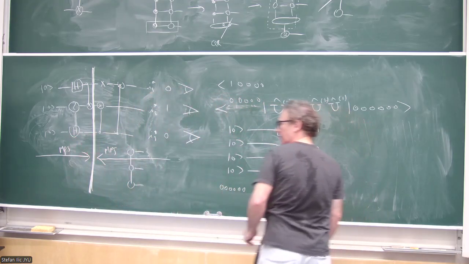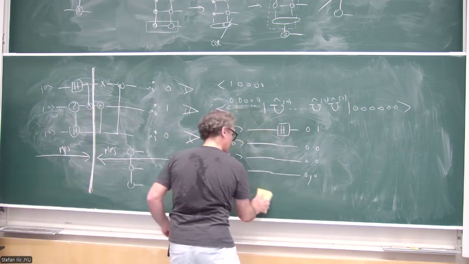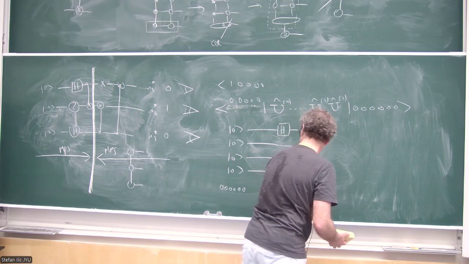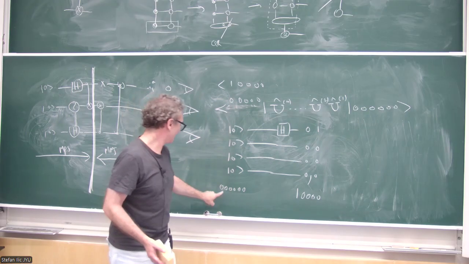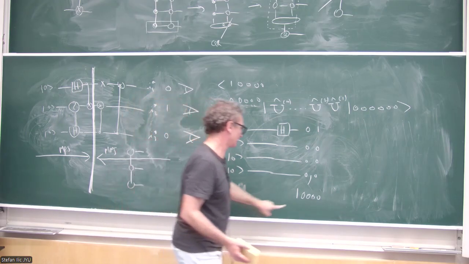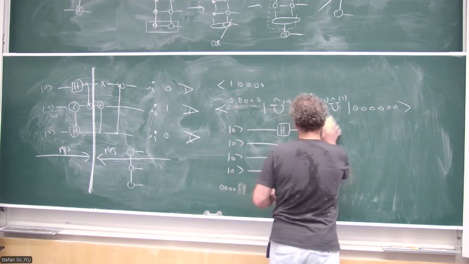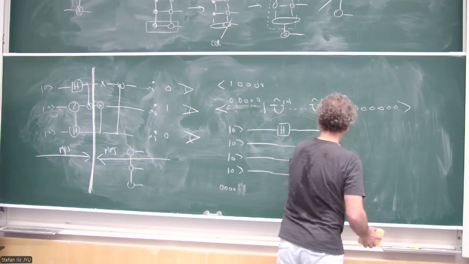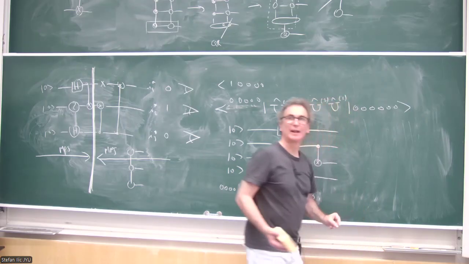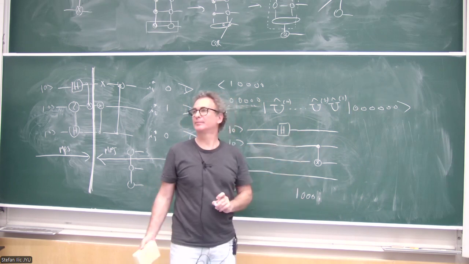Now I have a sample, which is 1, 0, 0, 0, 0. Sorry for the number of zeros. It should be the number of lines: 1, 2, 3, 4. Okay. Now I put a control not here. And the control not is doing nothing on the first and the last.